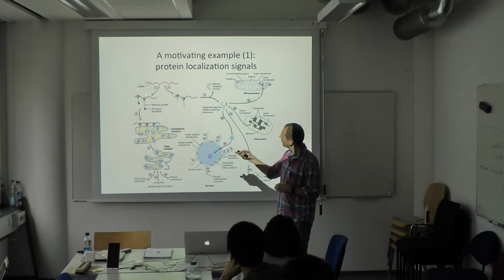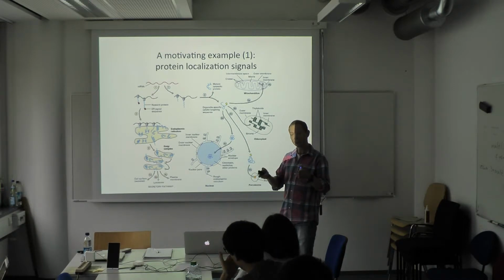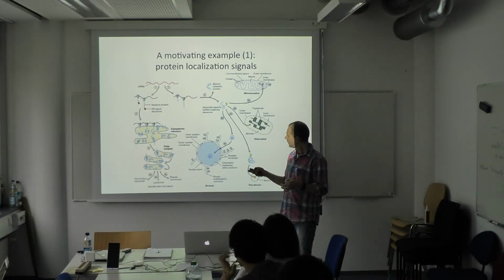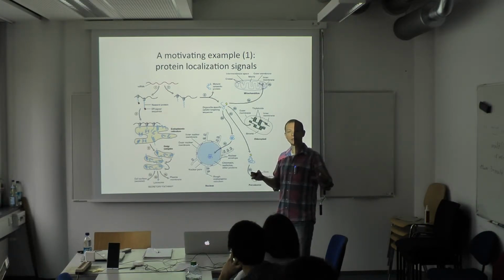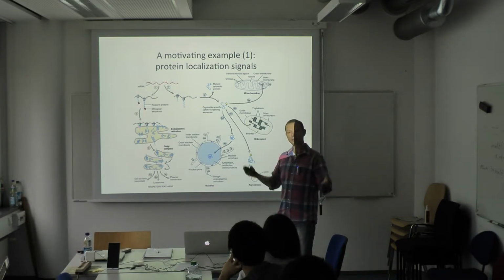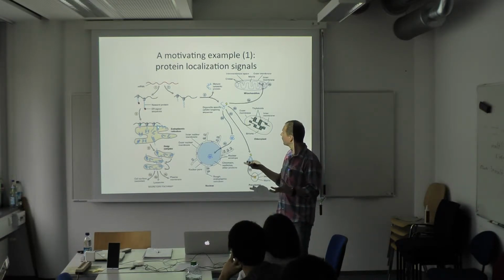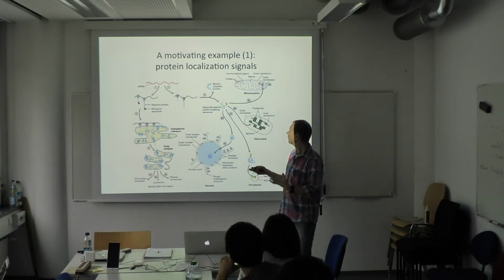When this ribosome is starting to translate this amino acid sequence, if the first bit, the N-terminus, contains a particular signal, it will associate with another protein complex called a signal recognition particle, which will help the ribosome to associate with a compartment in the cell called the endoplasmic reticulum. And the ribosome will continue to translate the amino acid sequence into that compartment.